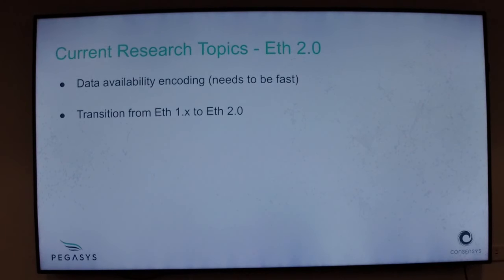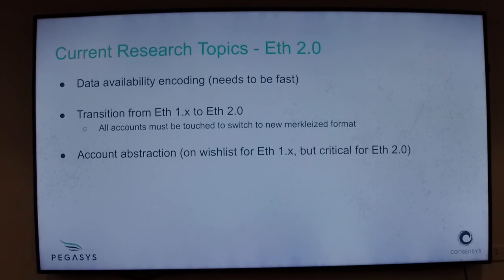And data availability and coding need to be pretty fast. And of course, they're also interested in the transition from ETH1 to ETH2. All the accounts must be touched to switch to the new Merkleized format. Account abstraction is on the wish list for ETH 1.x, but it's critical for ETH 2.